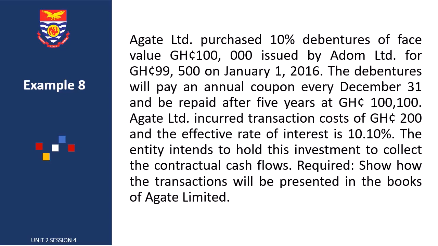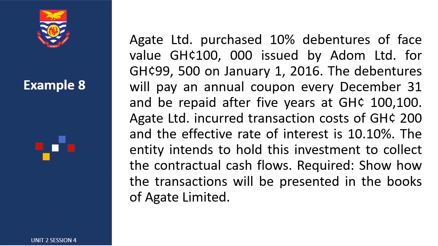So here we look at this 10%, which is the coupon rate, the interest that will be paid on the debenture. Now the face value, the nominal value of the debenture, is 100,000. So if you go to the market now, it is selling at 100,000.